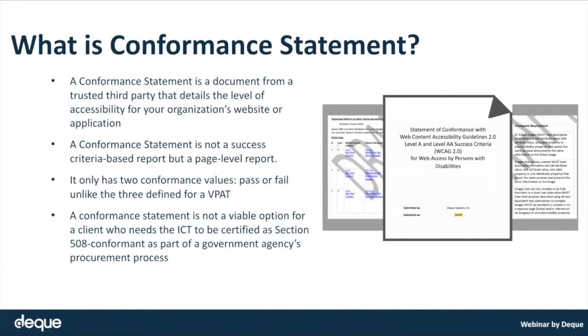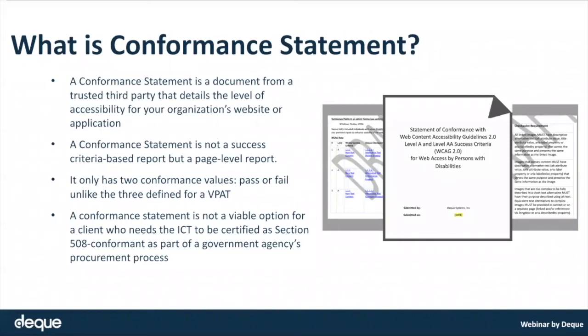But if you're looking for Section 508 compliance, or your ability to work with government agencies, then a conformance statement is not a choice. It's going to be VPAT, because it is essential for those entities to understand what success criteria is failing, and whether it is does not support or partially supports.